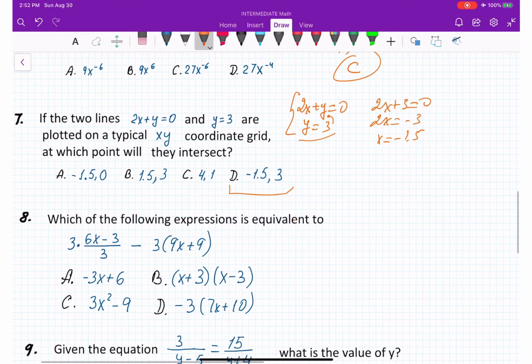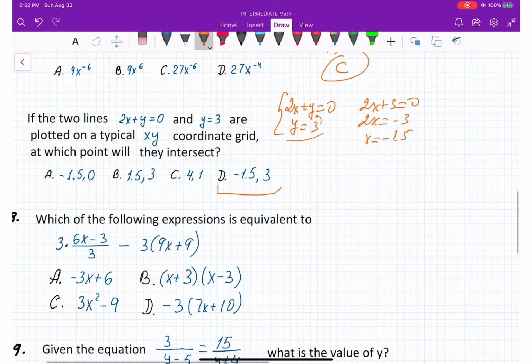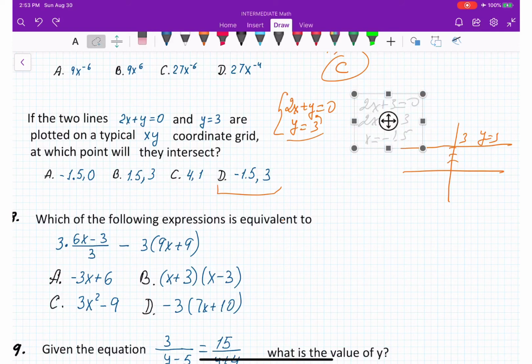Now let's do the same thing by graphing. Graphing y is equal to 3: 1, 2, 3. There is nothing much, y is equal to 3. Let's move this down here so I will have space. And 2x plus y.